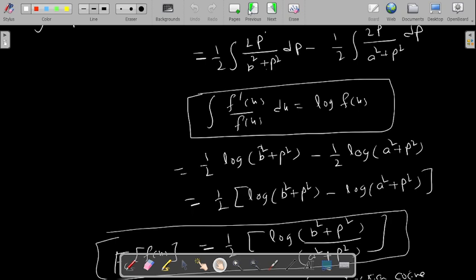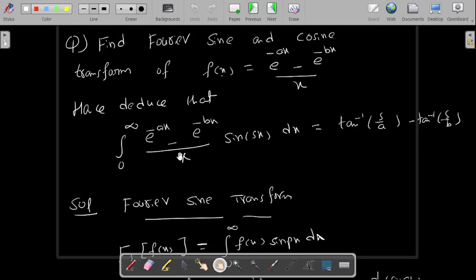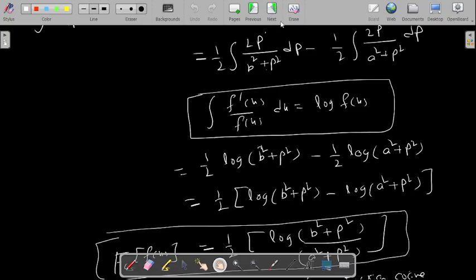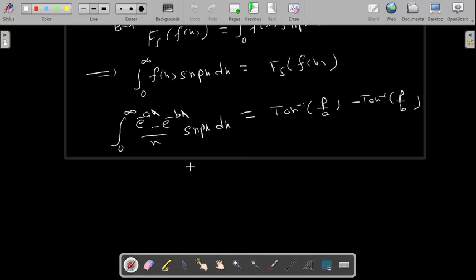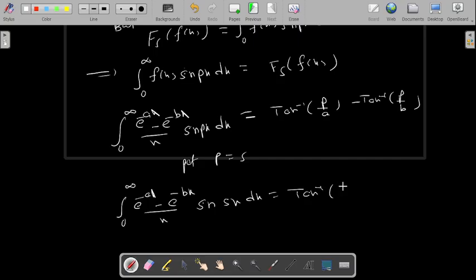In the question it says hence deduce the result, and in the p place s is there. So p equal to s. Integral 0 to infinity of e power minus ax minus e power minus bx by x into sine sx dx equal to tan inverse s by a minus tan inverse s by b. Okay, this is the deduced result.